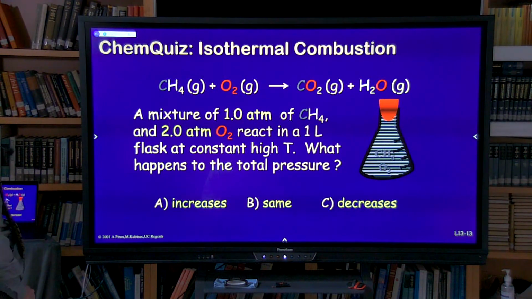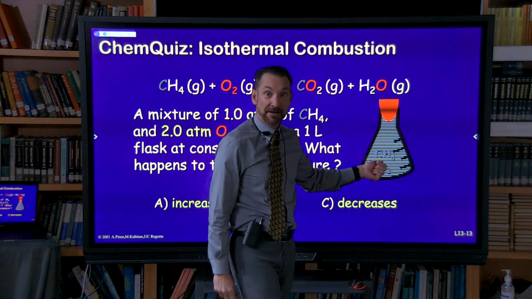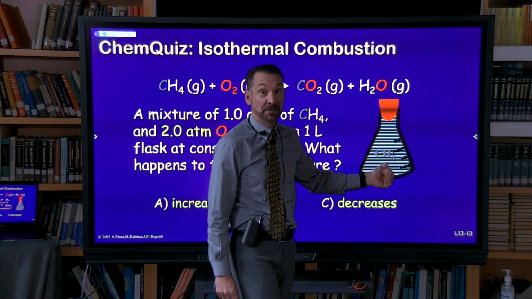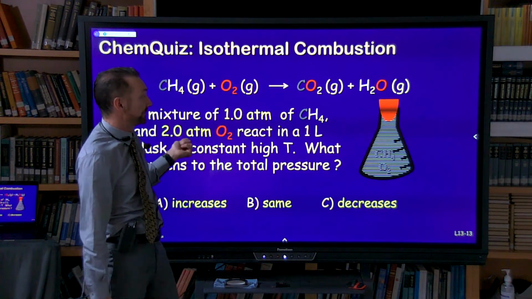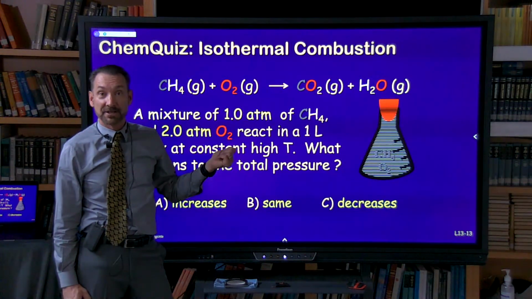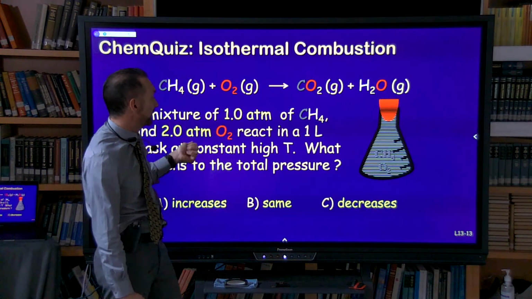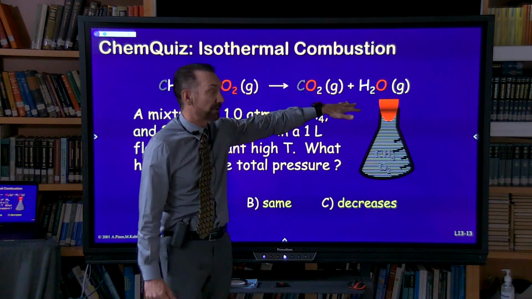Do they react completely? What you need to do is figure out how many moles of gas are left after the reaction goes. So part of this, maybe I gave part of it away, is you have to check how far towards completion the reaction goes. Is there enough methane and oxygen? Are they in the appropriate ratios to react completely?